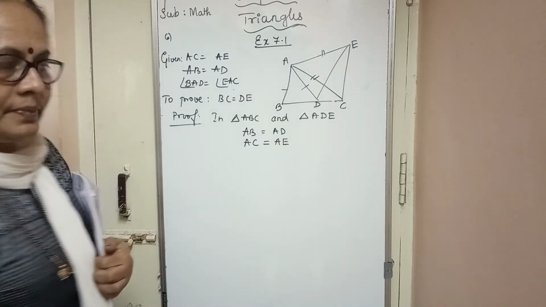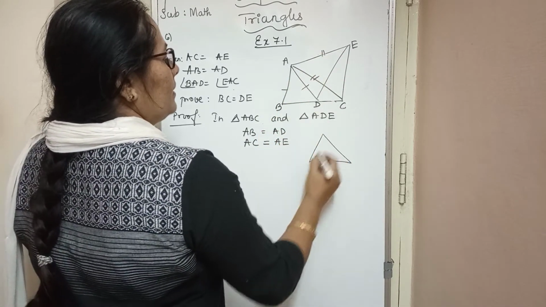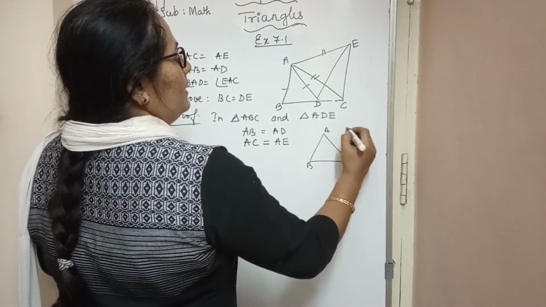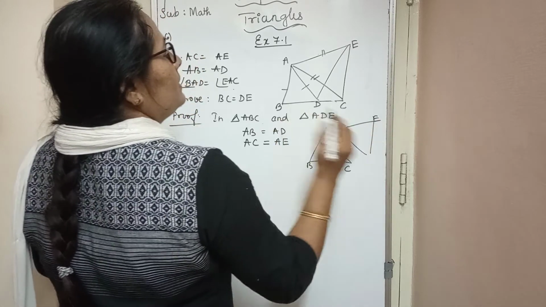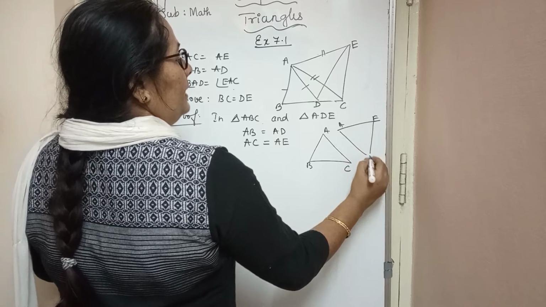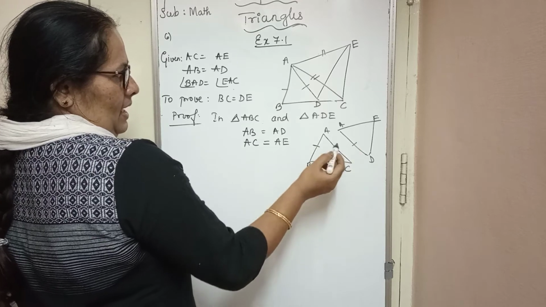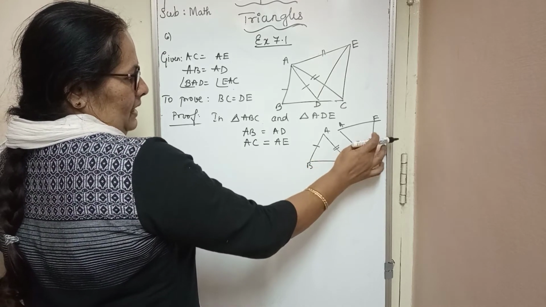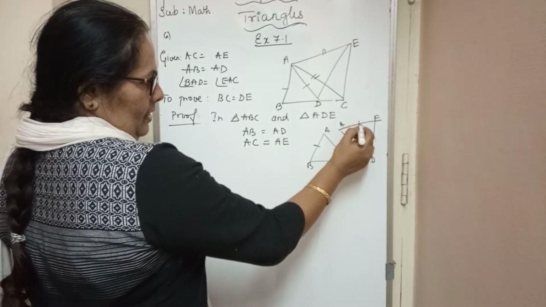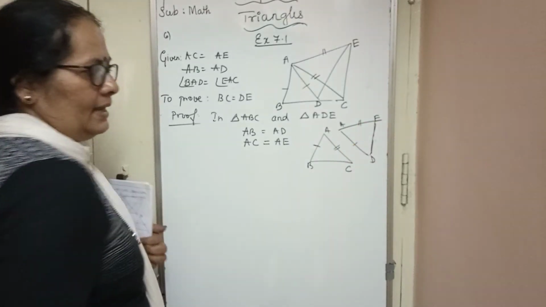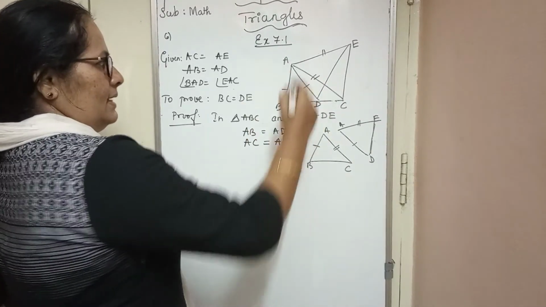See here, this triangle is ABC. The other triangle is this one, AED. Now in these two triangles, AB is equal to AD and AC is equal to AE. So these two sides are equal.